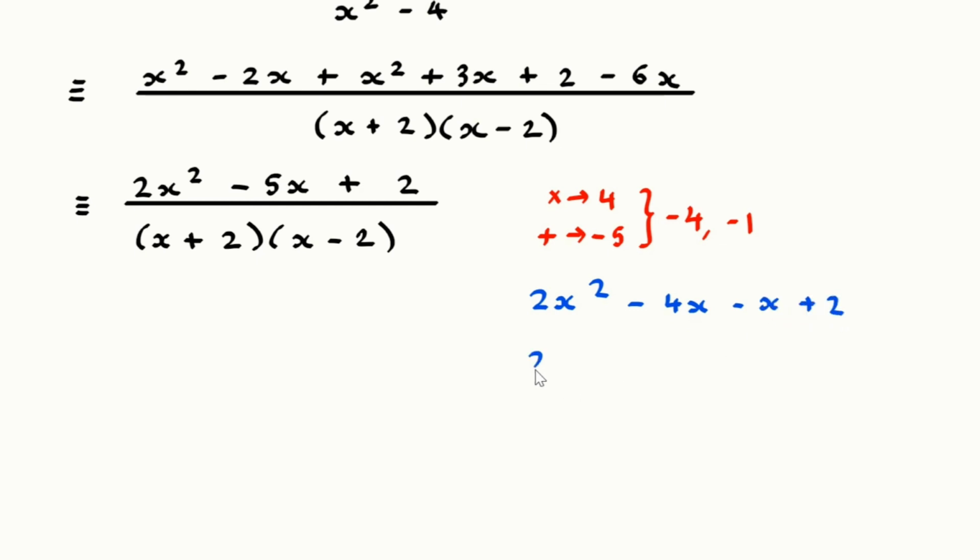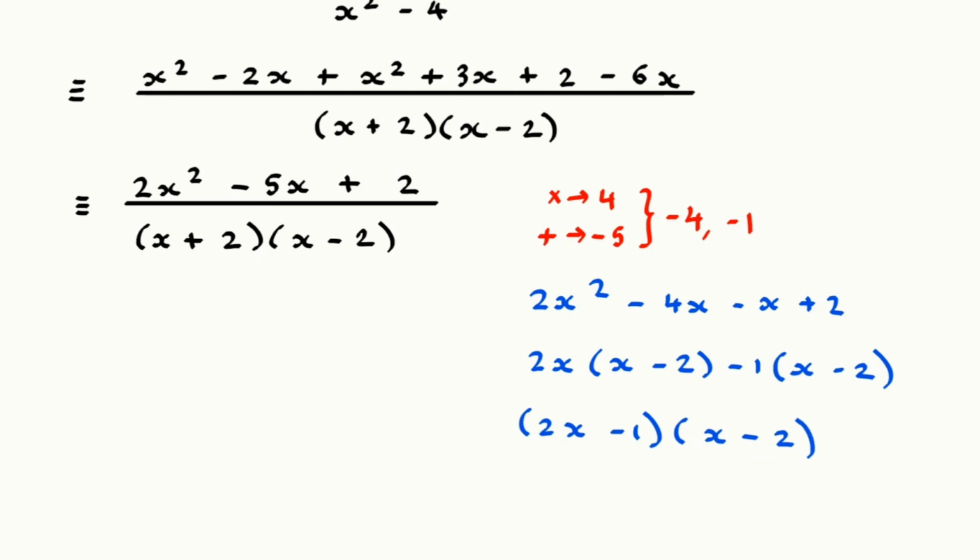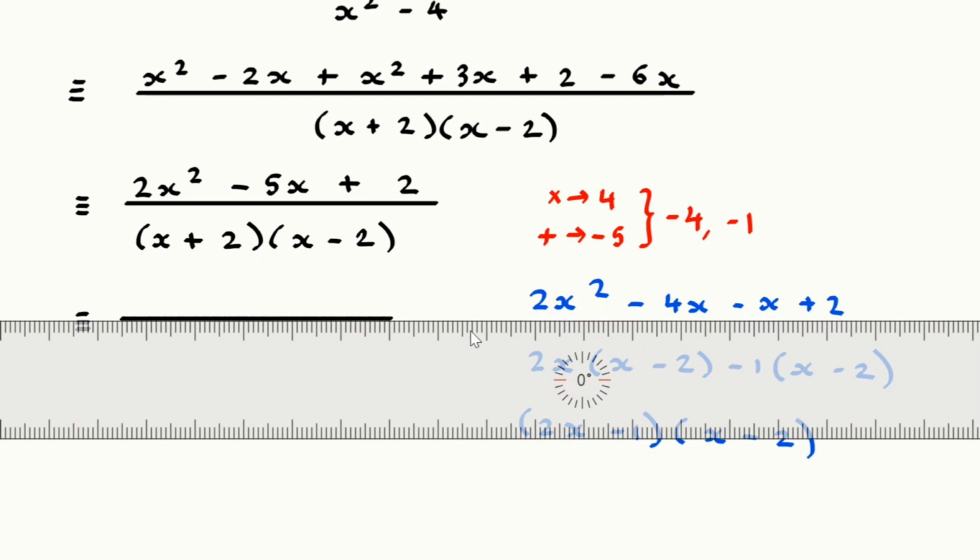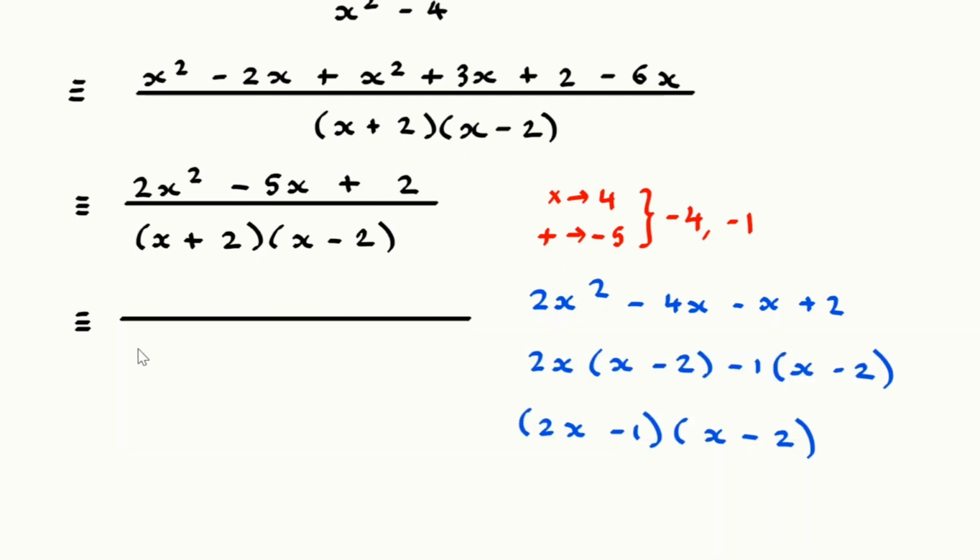And if I group together the terms, I've got 2x lots of x minus 2 minus 1 lots of x minus 2. So I've got 2x minus 1 lots of x minus 2. So on the top, I can factorize that as 2x minus 1, x minus 2, and on the bottom, I've got x plus 2, lots of x minus 2.